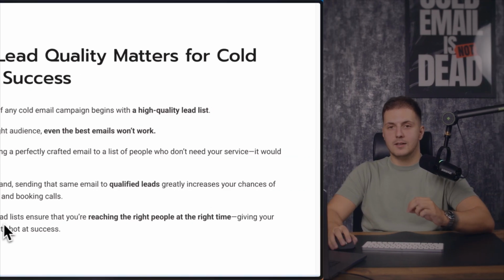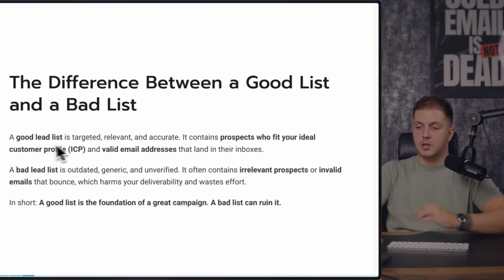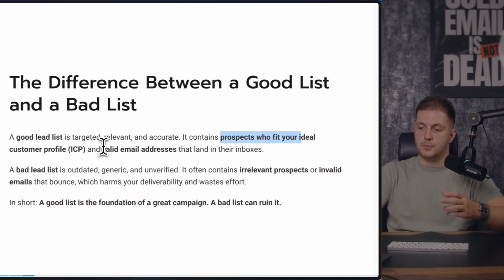So a high quality lead list ensures that you're reaching out to the right people at the right time. The difference between a good list and a bad list is even bigger than that, because a good list is targeted, relevant, and accurate. It contains prospects who fit your ideal customer profile, or ICP, and valid email addresses that actually land in their inboxes.